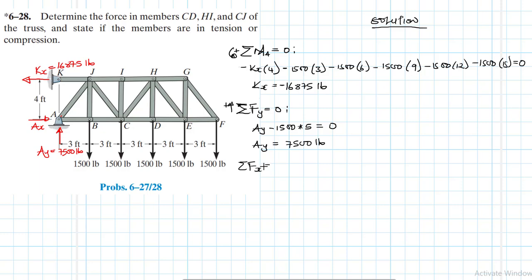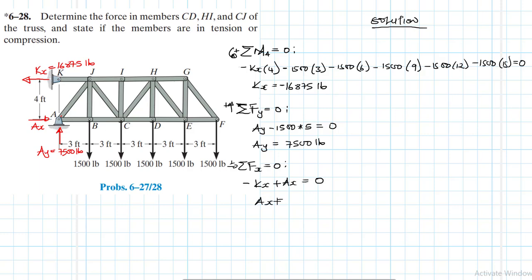Okay, and ax, we already know it, right? Summation of forces in the x direction equal to 0. I'll use the direction that I've assumed here. Don't get confused. If you wanted to, you could have used the first one, but then you need to replace in this minus, but I'll use this direction here, the way it is. So I'll just say minus kx plus ax equal to 0.